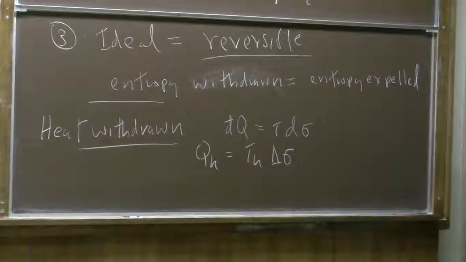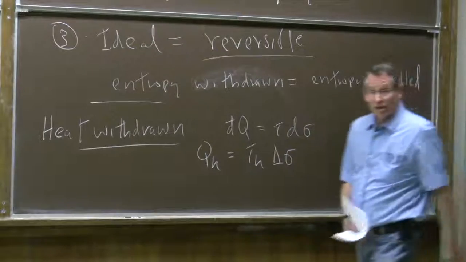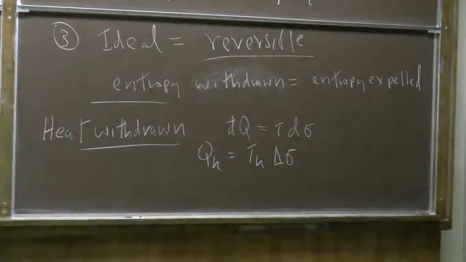I'll call that delta sigma. And minus that is the change in the entropy of the hot reservoir.